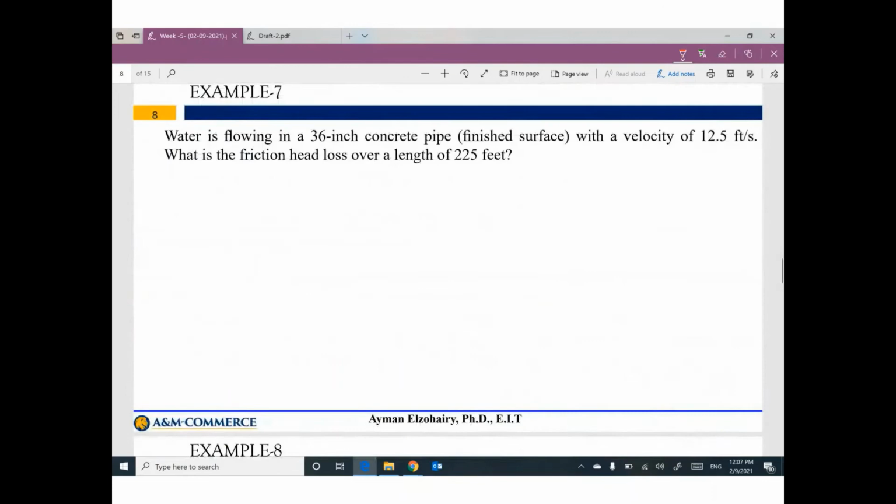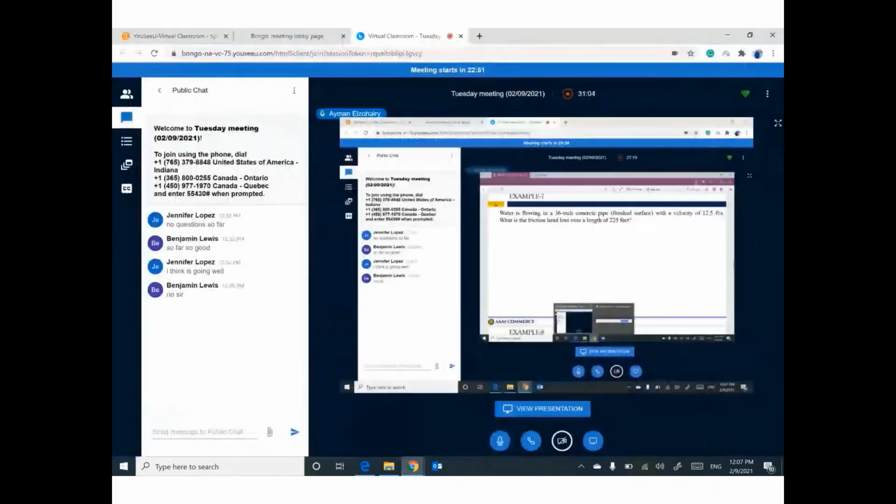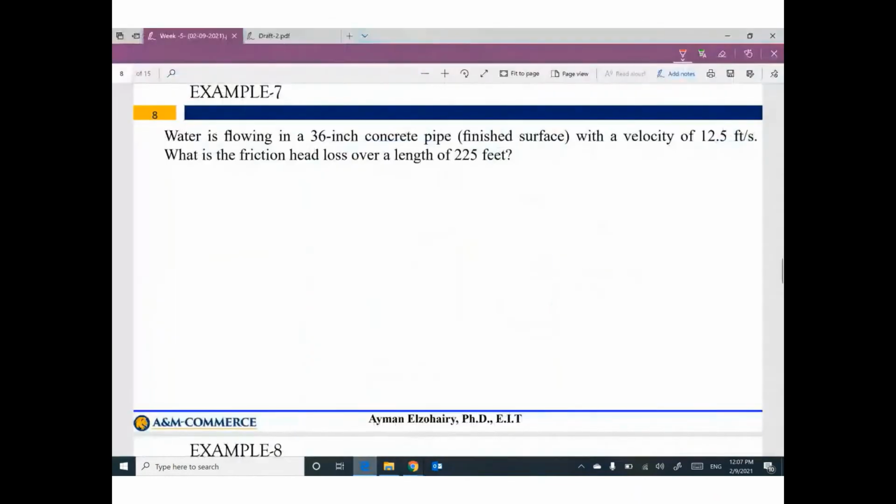Let's do this example. We have water flowing in a 36-inch concrete pipe with a finished surface.